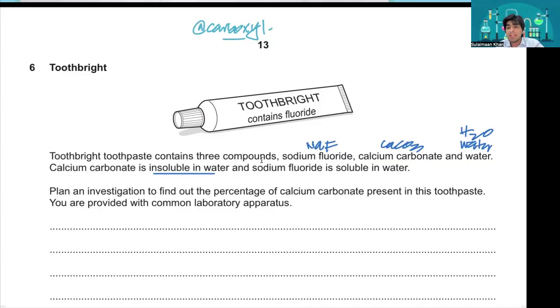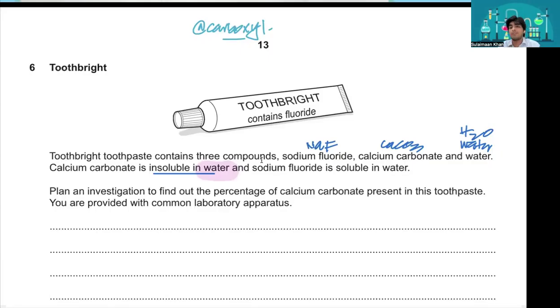Remember, when you deal with solubilities and you're told something is insoluble in water, the idea you'll be using is the addition of water. So I'll try my best to use water to my advantage. Sodium fluoride is soluble in water, so we'll have to add water and then filter. The task is to plan an investigation to find out the percentage of calcium carbonate present in this toothpaste.